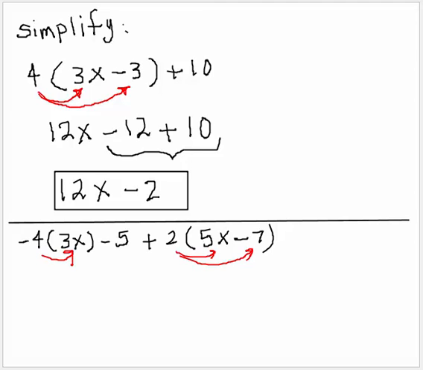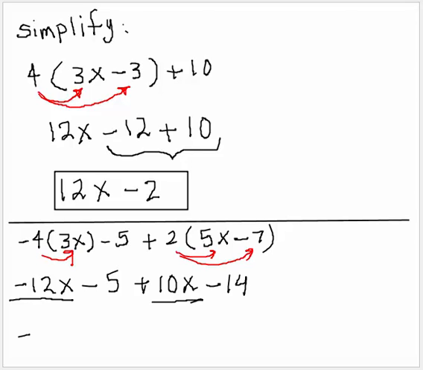We get minus 4 times 3x, that gives me minus 12x, minus 5 plus 2 times 5 would be 10x minus 14. And then we combine like terms. Here we have minus 12x plus 10x. They give me a total of minus 2x.